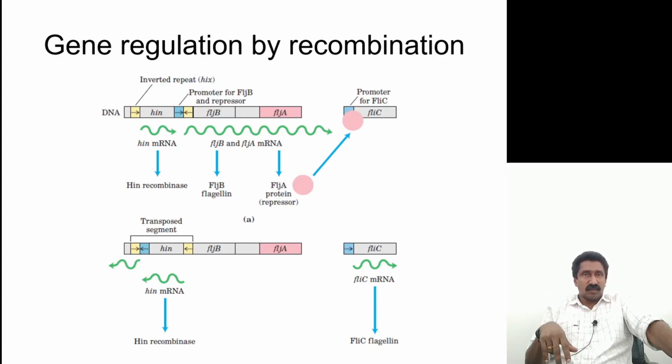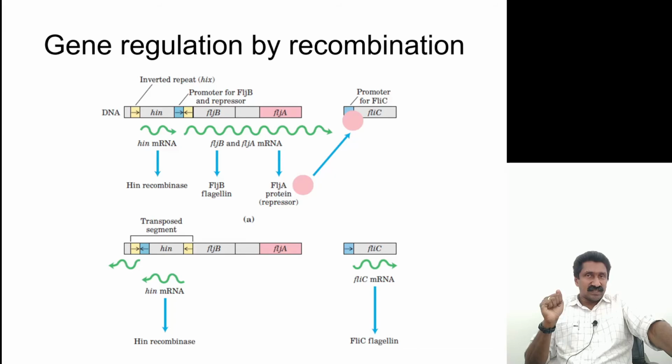And there is another, separate promoter for fliC, the flagellin type C gene, which is a separate gene. If this gene is coded, fljB flagellin is coded, and the fljA protein is not a flagellin protein but a repressor for the fliC promoter. So for that, the promoter of fljB has to be in this direction.